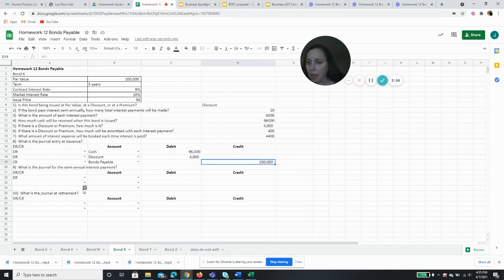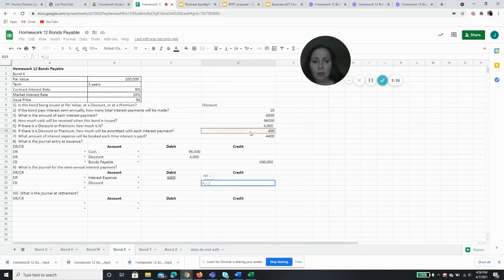We are happy. All right, so then our semi-annual interest payment, we are going to debit interest expense. And we said that's going to be for $4,400. Then we are going to credit our discount because we are going to amortize it. When we booked it, it was a debit. So to amortize it, we're going to need to credit.